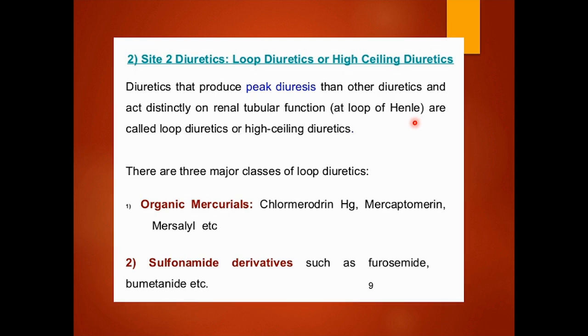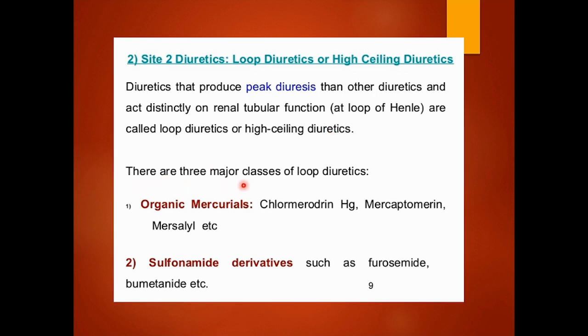That is why this category of diuretics is called loop diuretics, because their site of action is the loop of Henle. These diuretics are also called high ceiling diuretics.